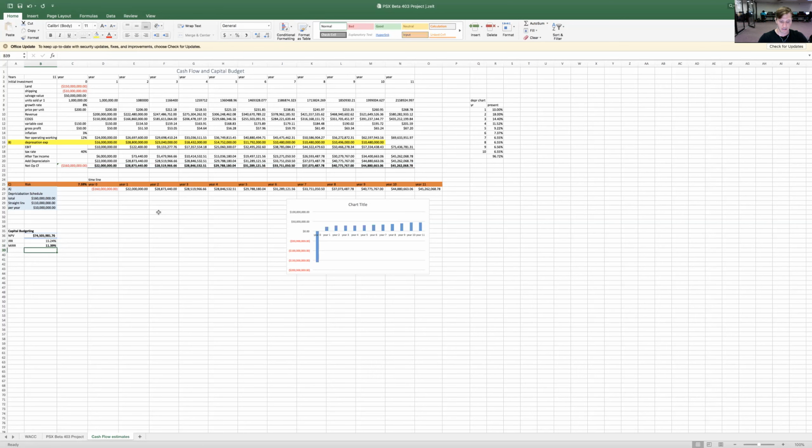Oftentimes, management overlooks this factor when we're doing corporate finance and thinks that they have to find the best project out there. And yes, we want to find much more lucrative projects, and 74.5 million might not be as good as a $150 million project. But if you don't have a $150 million project to invest in over 10 years, then this is the best option. We go ahead and do it because it is a positive return for the investor.